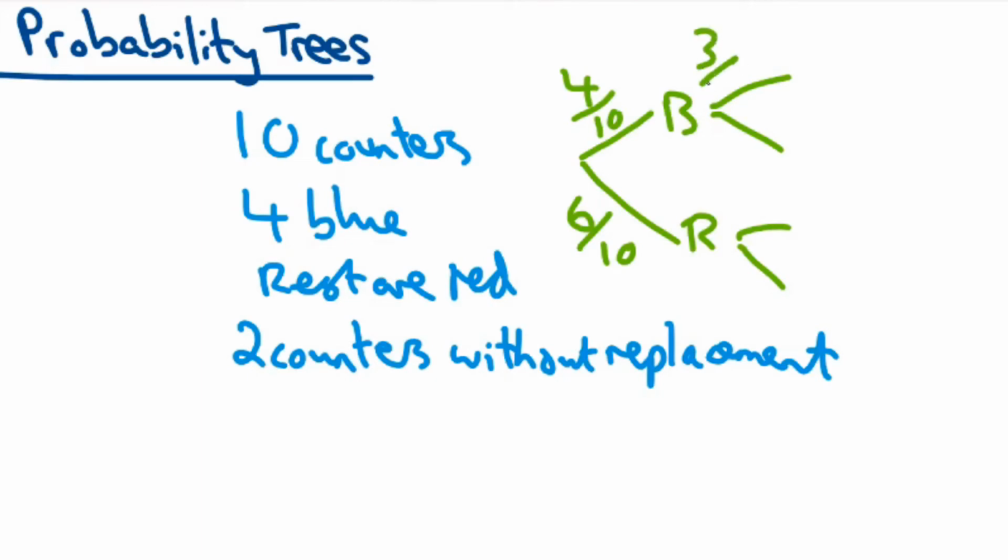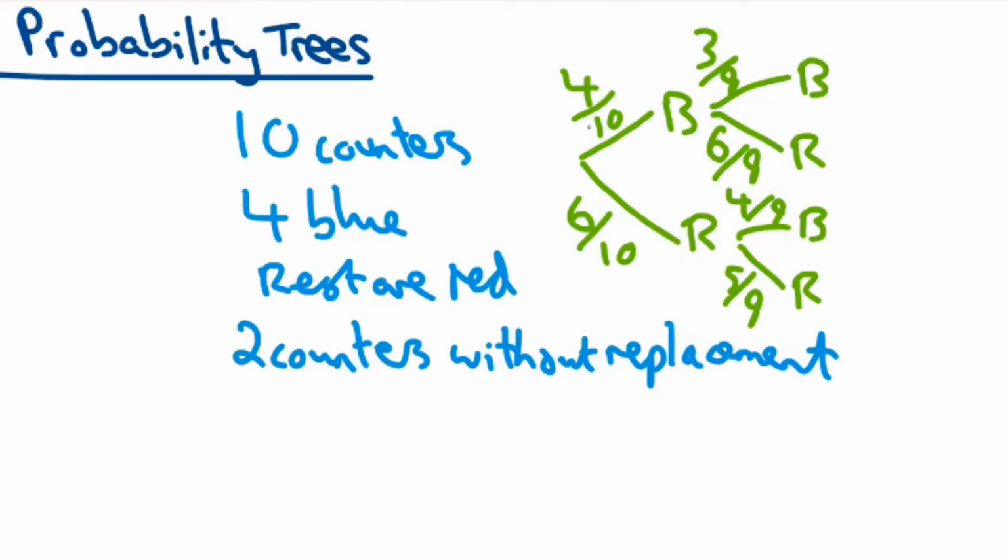So 3 out of only 9 left to get another blue. Now, if you took a blue first, you've still got all 6 reds, but again, that's going to be out of 9. If you took a red first, there's still going to be all 4 blues, but that's now out of 9 still. And if you took a red first, that's only 5 out of 9.